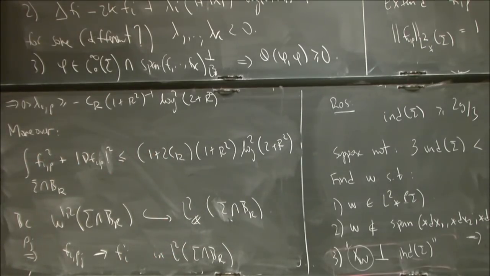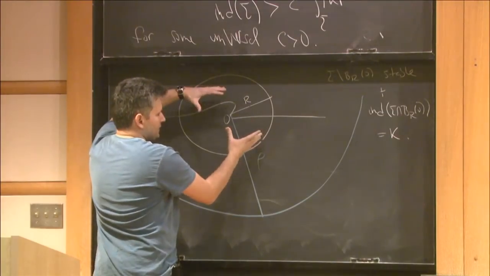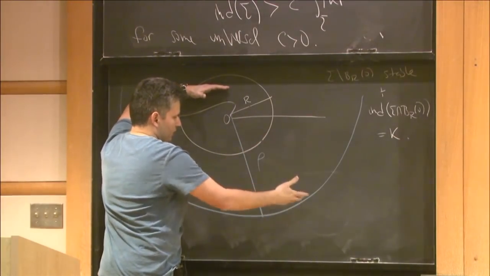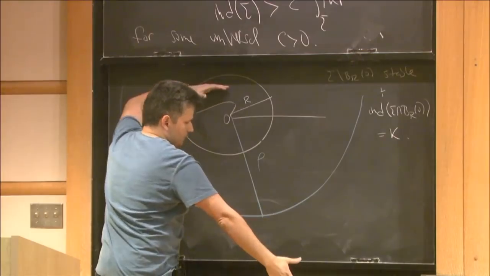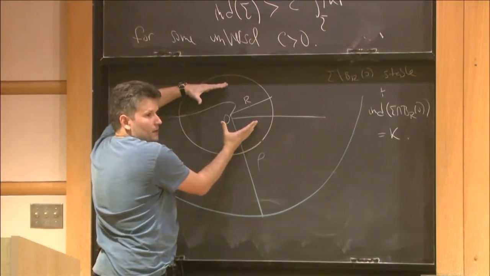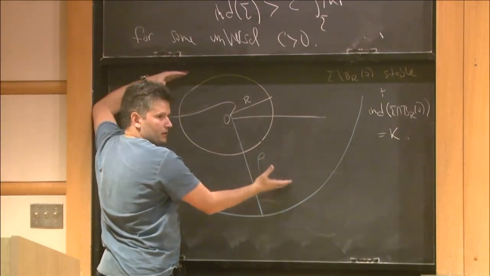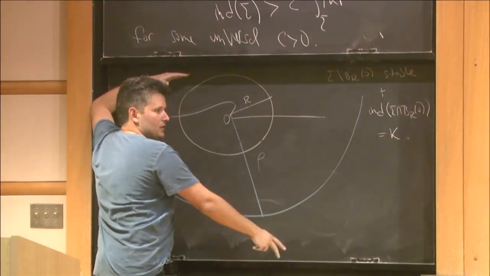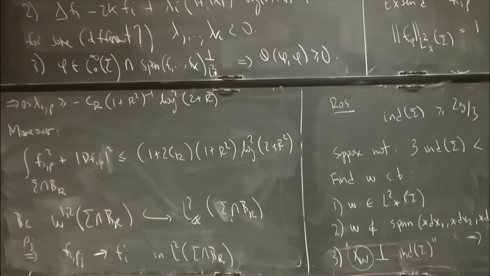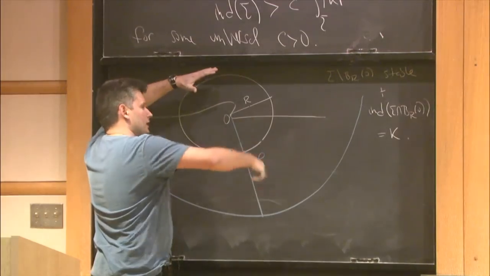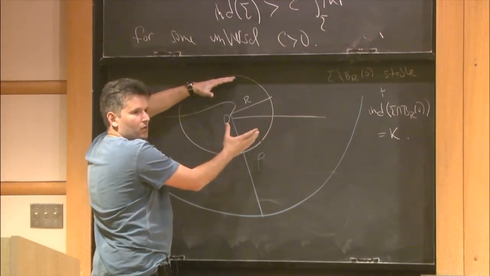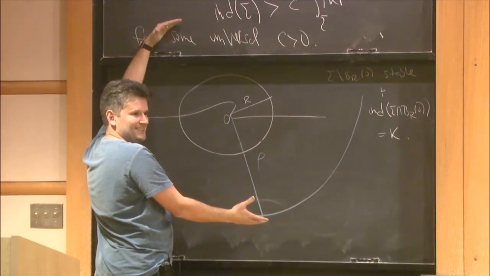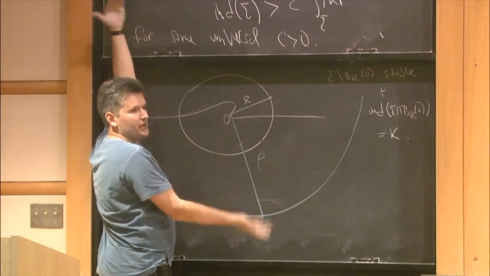Now, this is for R fixed. For R fixed, I have a sequence of radii rho_j where I get a convergence here. Now I do it for R slightly bigger, and I take a subsequence of this sequence that works for this radius, and a subsequence of that will also converge in the ball of radius 2R to a function. Then I do it for 3R, let's say.